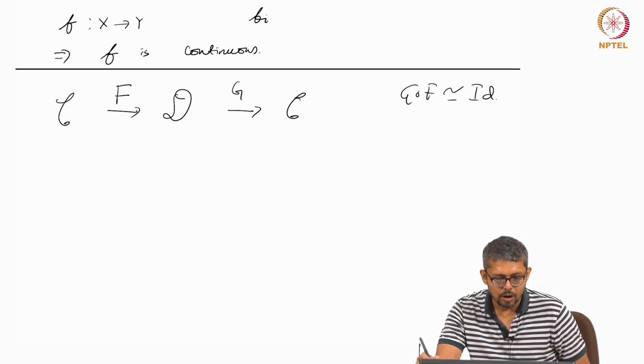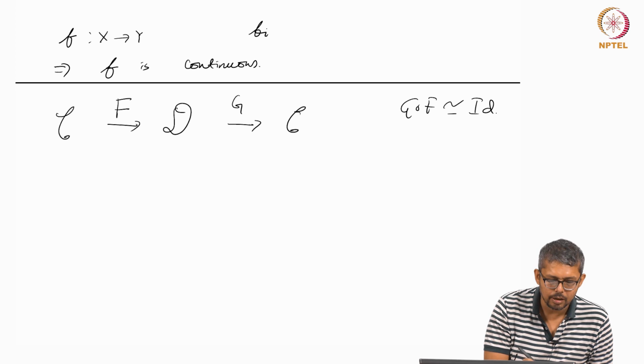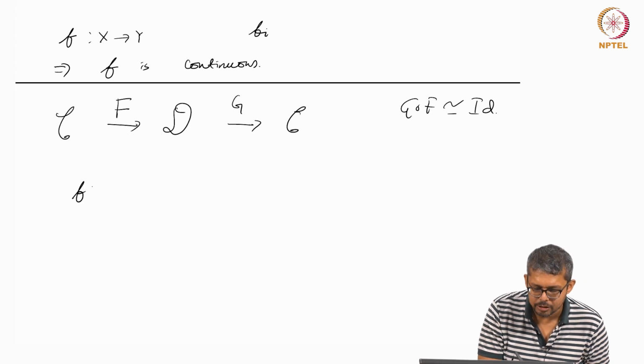Okay, so now the only thing to check is this F, which we know is a continuous map.